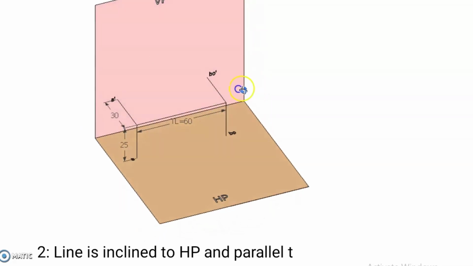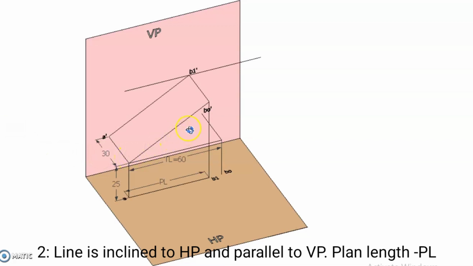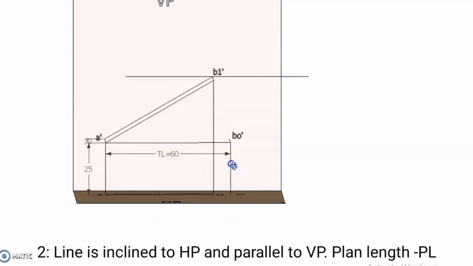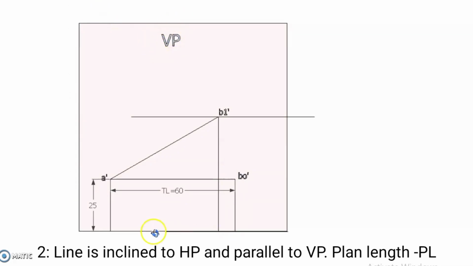Now in the second stage, assume that the line is inclined to HP and parallel to VP. This line is inclined to HP by a given angle theta. Then we have to draw its front view and top view. In the second stage, when the line is parallel to VP and inclined to HP, its front view appears like this one.